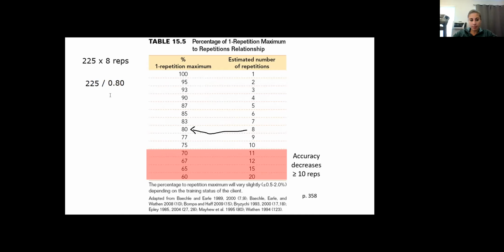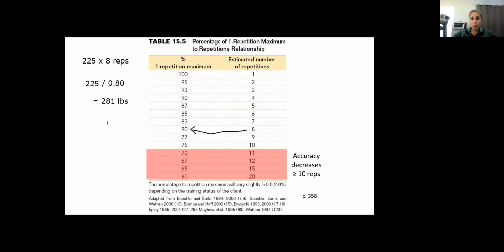It wouldn't make sense if you multiplied it because you'd get a smaller number. Whenever we're trying to find a maximum, we divide by the percentage that we get from the chart. So what is our answer here? 225 divided by 0.8, I'll confirm, is 281.25. We can round to 281. That would be Evan's predicted 1 repetition max for his back squat.